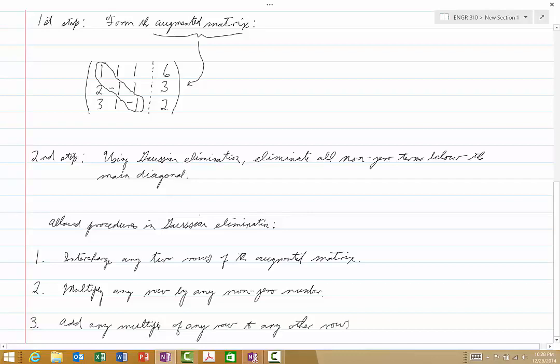Now, using these procedures, and only these procedures, we want to see how to eliminate the non-zero terms below this main diagonal, and furthermore how that will allow us to easily solve the system of equations. So let's copy this system, copy this augmented matrix, and then proceed.